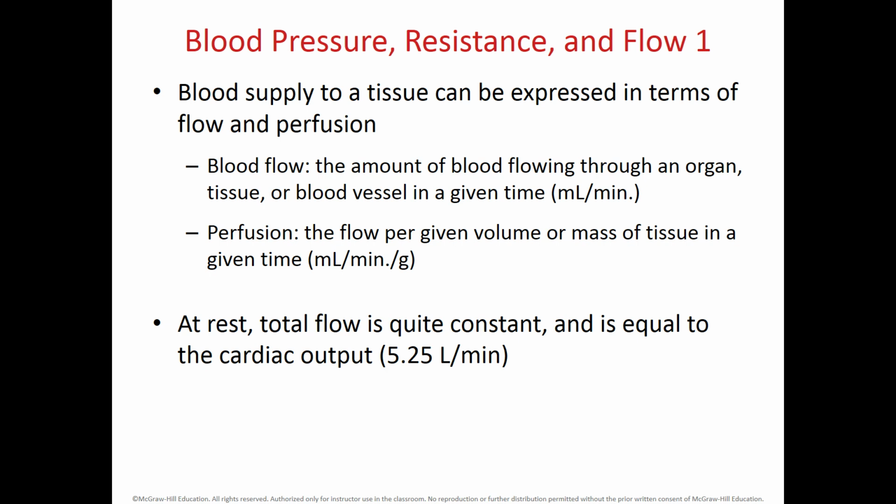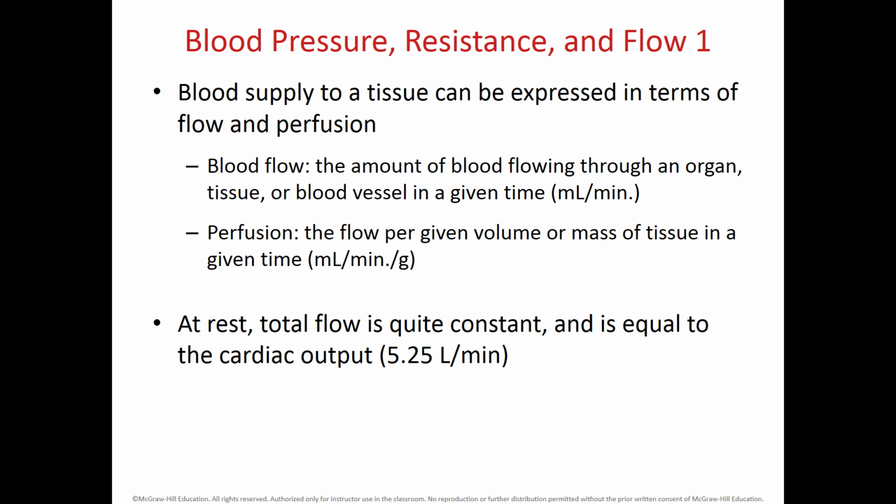You can have an organ or a tissue that is not very active, like the adipose tissue, and you can have an organ or a tissue that is very active, like in the case of the brain. Because the brain tissue is more active than the adipose tissue, of course you expect to have more perfusion or more flow of blood going into the brain than going into the adipose tissue at a given time.